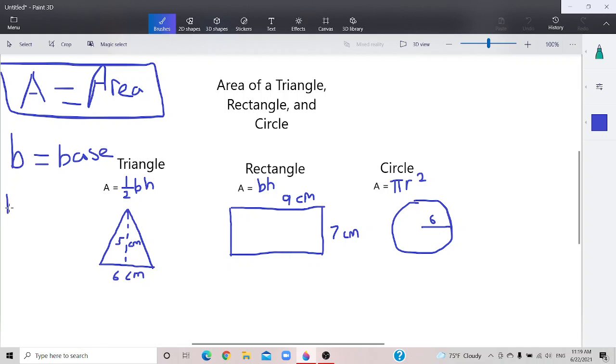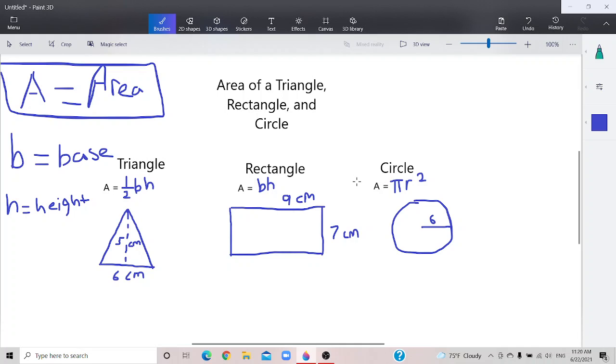And H will be height. Okay, so for a triangle, it's 1/2 base times height. For a rectangle, it's just base times height.